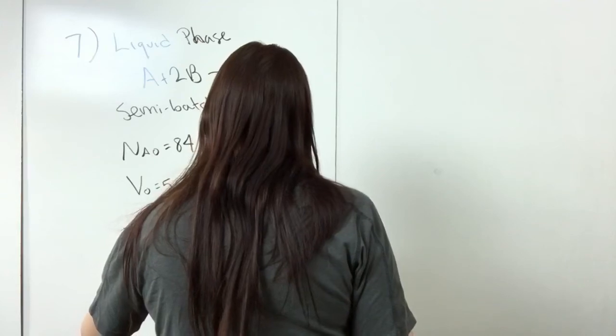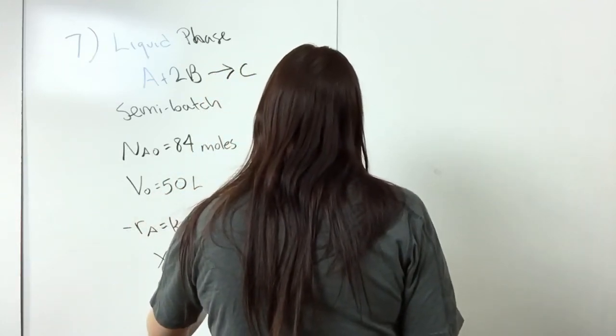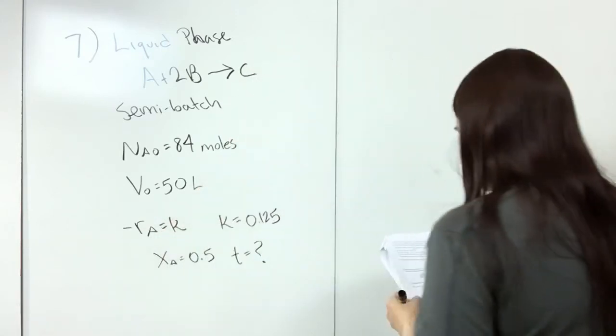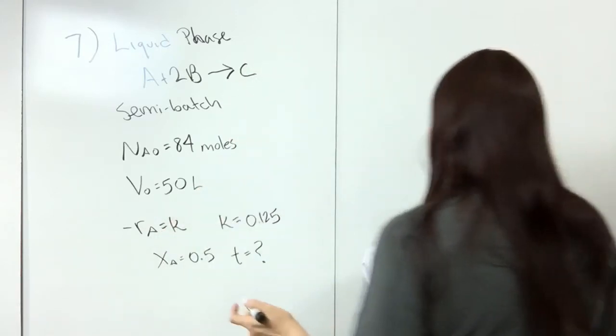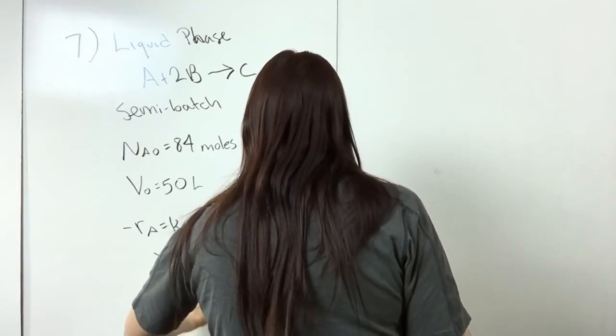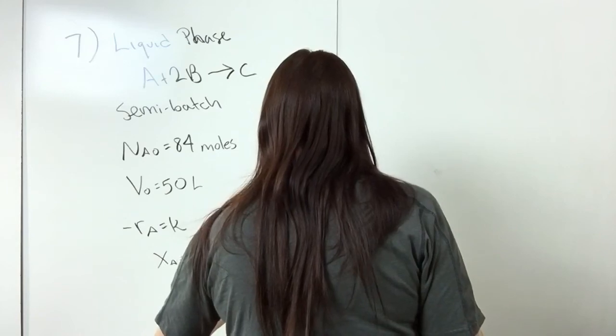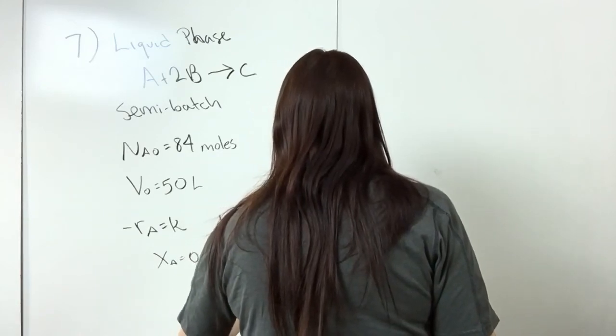So XA equals 0.5, and we're looking for the time. What is the concentration of B at this time? And so then CB at t.